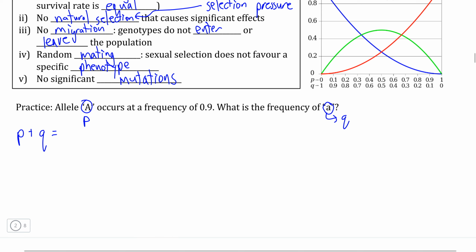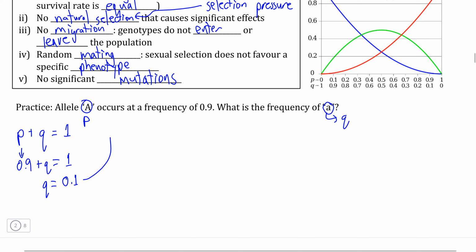In this case, P plus Q is equal to 1. Therefore, since P is equal to 90%, all we need to do is subtract 90% from 100%, and therefore allele Q, the recessive allele, occurs 10% of the time, whereas the dominant allele occurs 90% of the time.